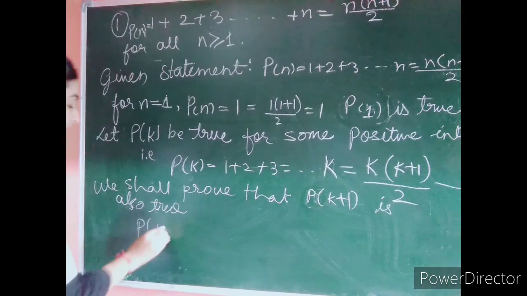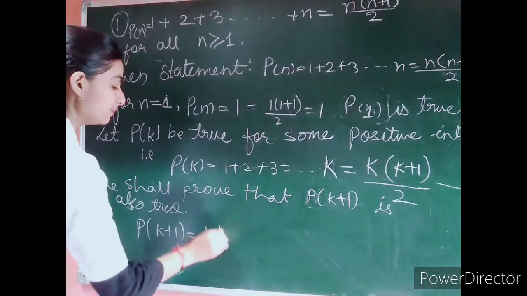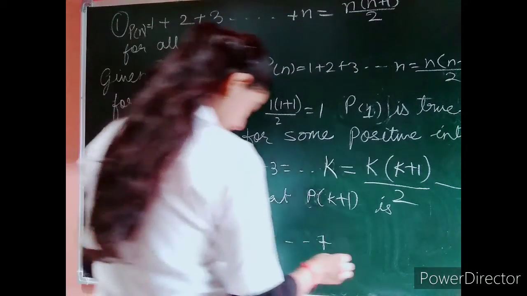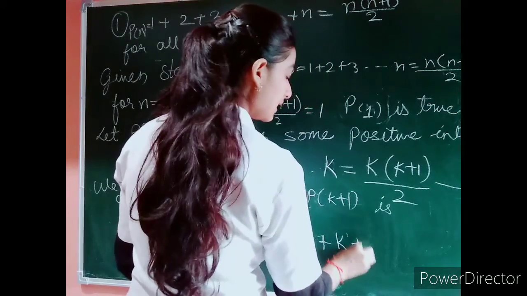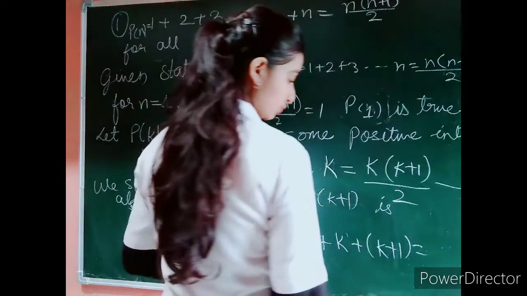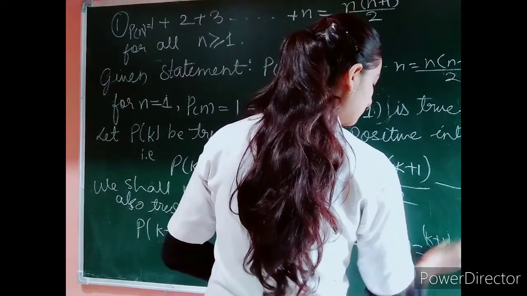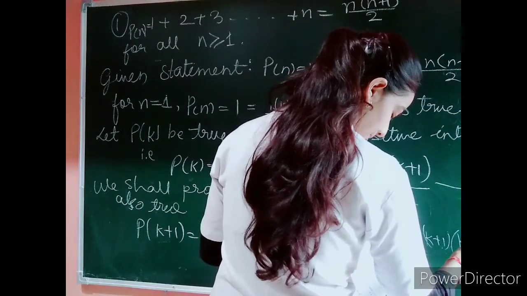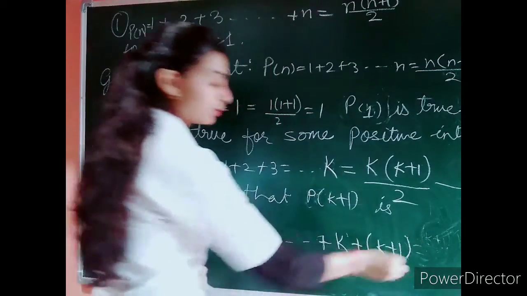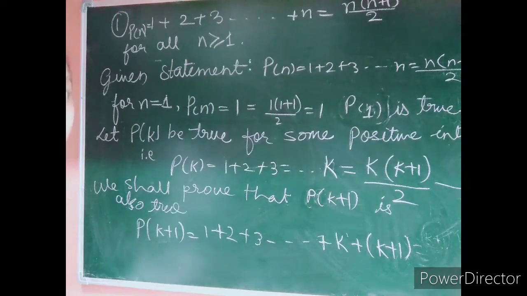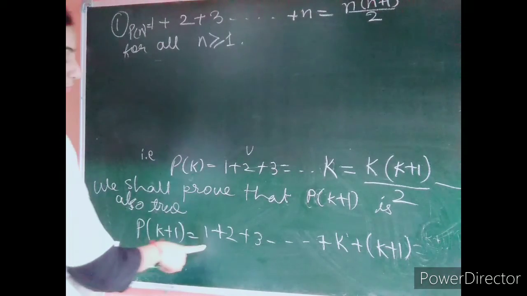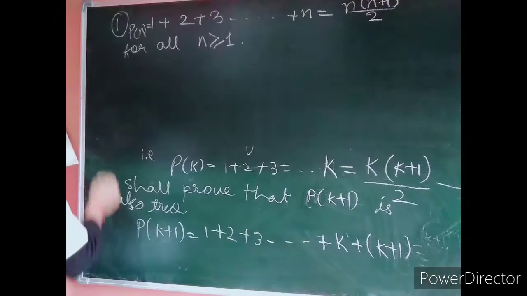Then Pk plus 1 is equal to 1 plus 2 plus 3 up to k, and k plus 1, that is, 1 plus 2 plus 3 up to k plus 1.